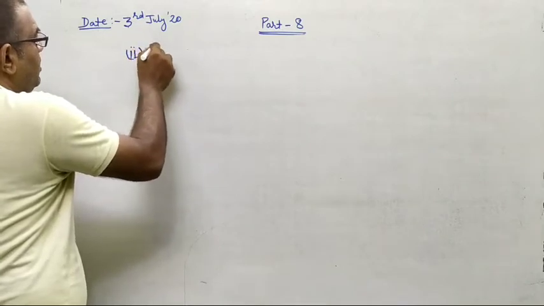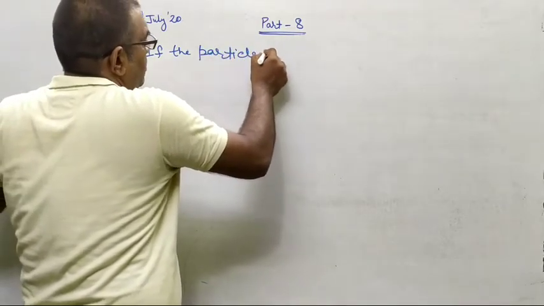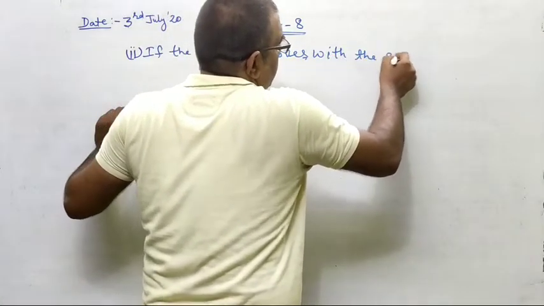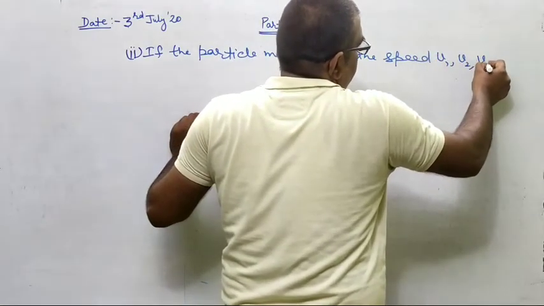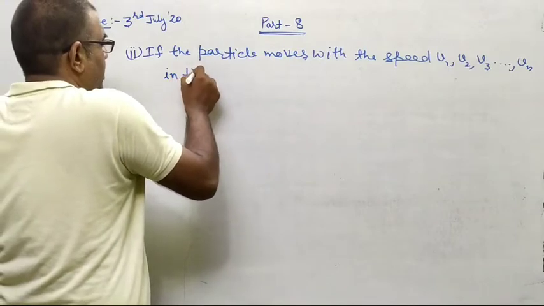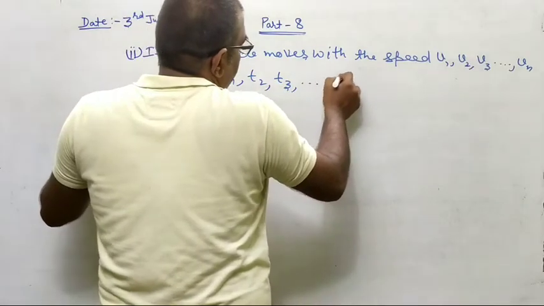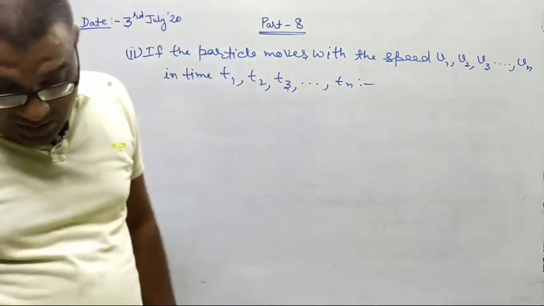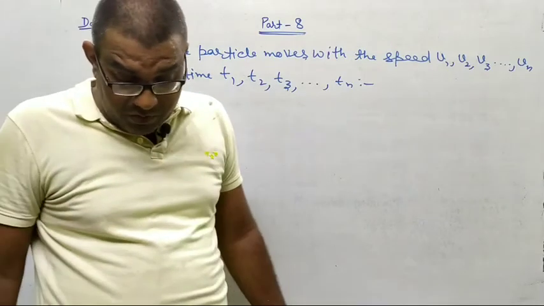Case second: if the particle moves with the speed v1, v2, v3 up to so on vn in time t1, t2, t3 up to so on tn, with the time interval given.